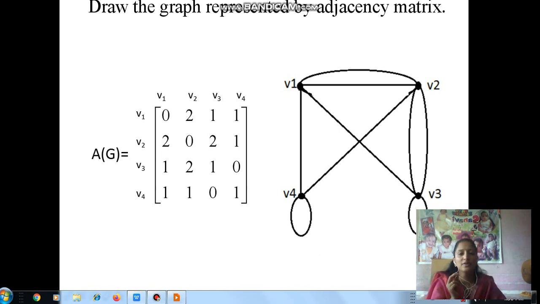Okay. We drew this graph with the help of this adjacency matrix. So we draw the graph with the help of the matrix, and with the help of the graph we can represent the graph in the form of a matrix. This matrix is called the adjacency matrix.